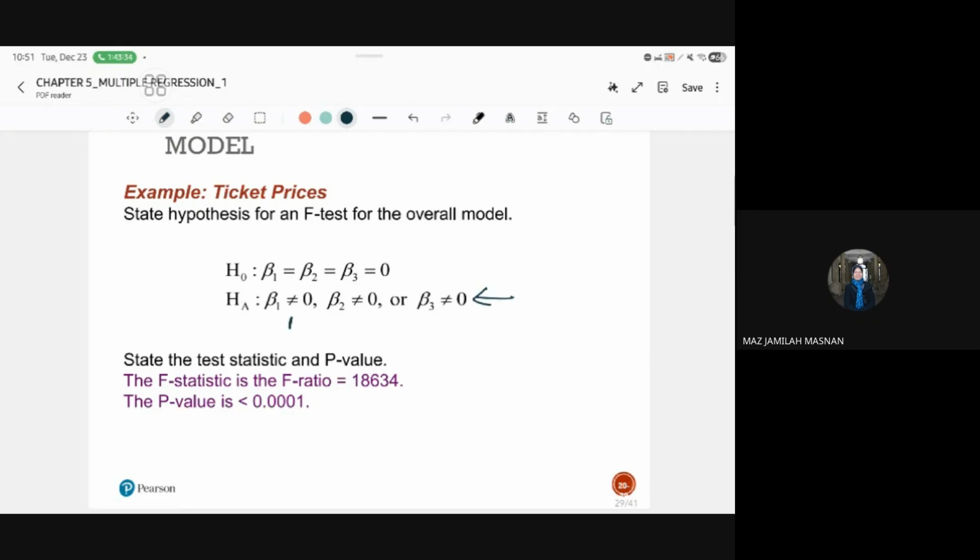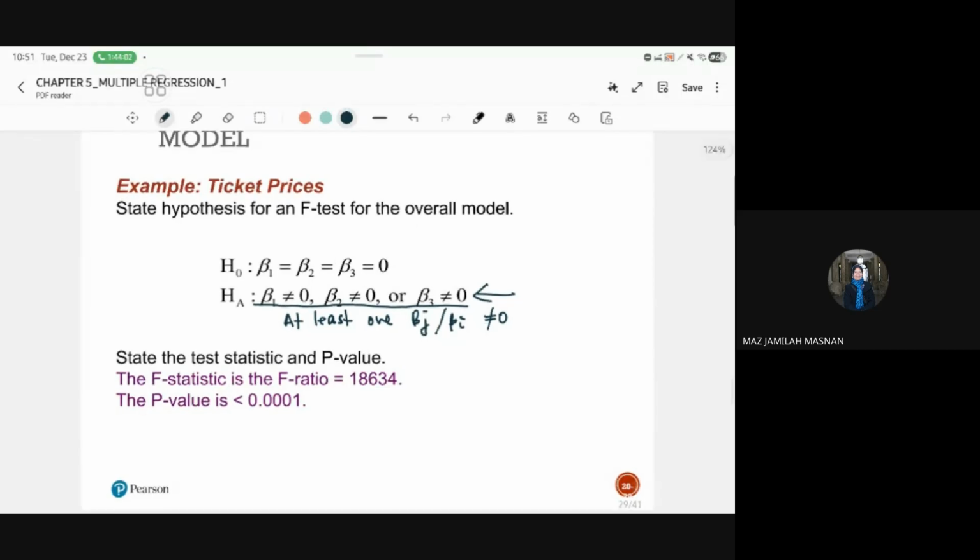I would prefer at least one beta j is not equal to 0. We don't know which one. It could be 1, it could be 2 that is not equal to 0. It could be all of them are not equal to 0. So the interpretation here is a bit misleading.